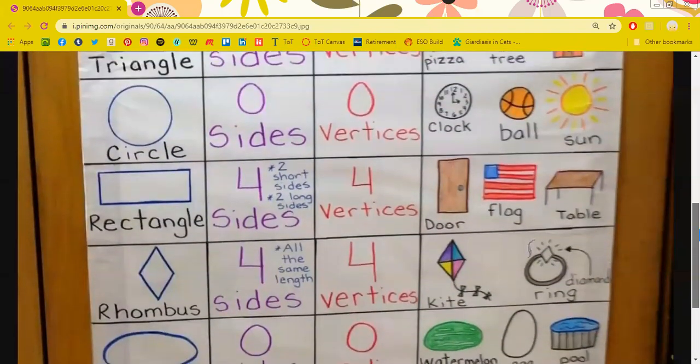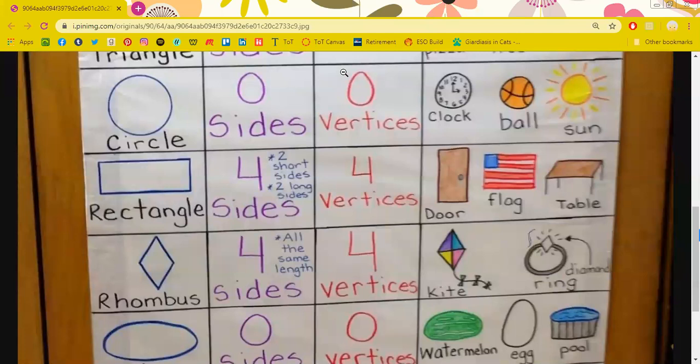Couple more shapes, guys. Try not to make this too long for you. Rectangles. Rectangles are kind of like squares. Just like a square, they're going to have 1, 2, 3, 4 sides. But all these sides aren't the same size like a square. You can tell that the top and the bottom are longer.